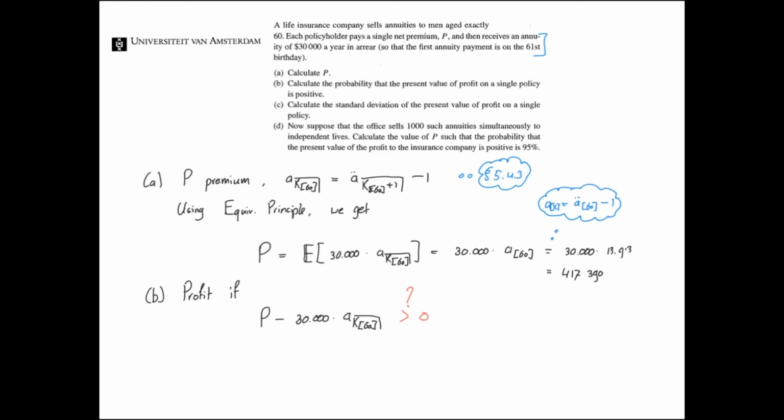Now let me remove all of this. Then we want to compute the probability that P minus 30,000 times a_{K60} is bigger than 0.